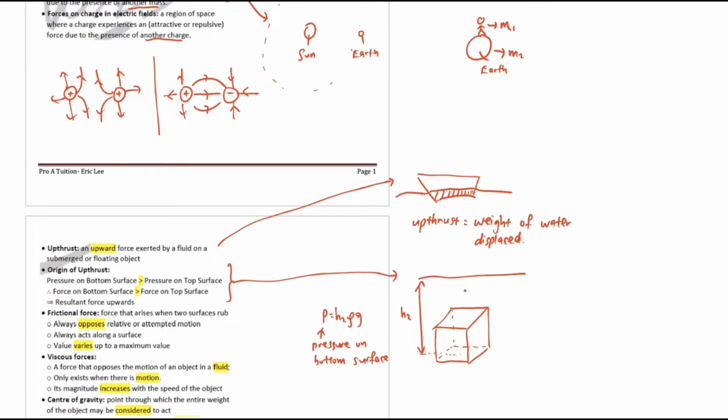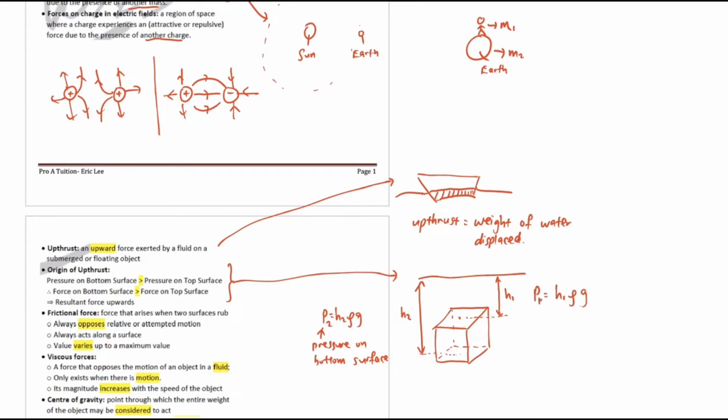Okay, so at the same time, we need to know the upper surface experiences pressure also. So let's say this is the upper surface. I take the middle of the surface, and let's say this is H1. So the upper surface is at the depth of H1. So I count the pressure that is pressing the upper surface. So I use P equal to H1 rho G. Let's say this one I call P2, this one I call P1.